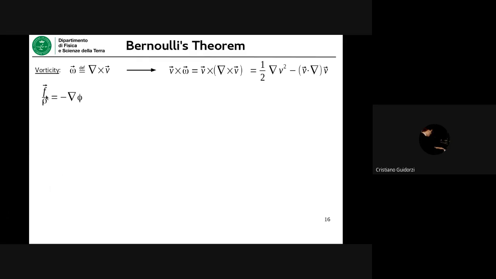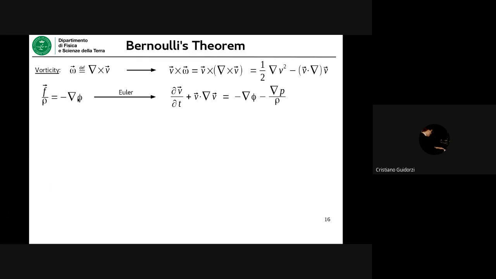But given that it's a conservative field, that's the assumption we are making, there must be some potential associated such that minus gradient of phi is the force per unit mass. So the potential is the potential per unit mass.